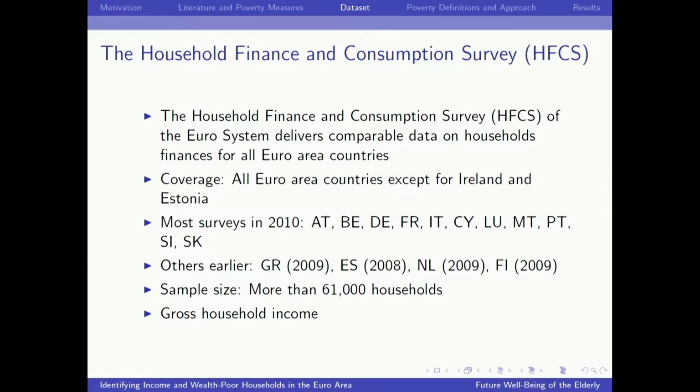So next, I want to explain briefly the data set we use, the Household Finance and Consumption Survey data set, that delivers comparable data on households' finance for all euro area countries. The aim of that is to collect harmonized micro-level data on households' assets and liabilities. The survey is conducted by the national central banks of the euro area system, of course, under the same guidelines and supervised by the European Central Bank.